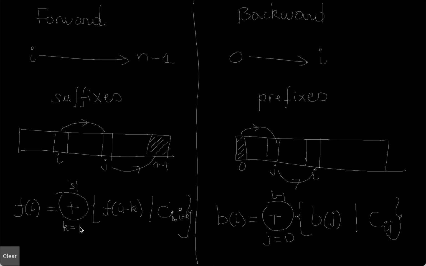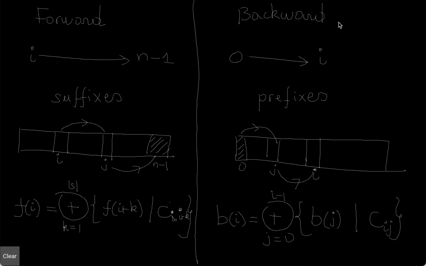So we're going to say some abstract operator is going to be called upon the suffixes of i which satisfy some transition condition. Essentially, you're going to be calling the function at this suffix only if you can draw this arrow here. And for some indices j, you're not going to be able to draw this arrow because it doesn't abide by some condition that you have in your problem. Which concludes the forward way.